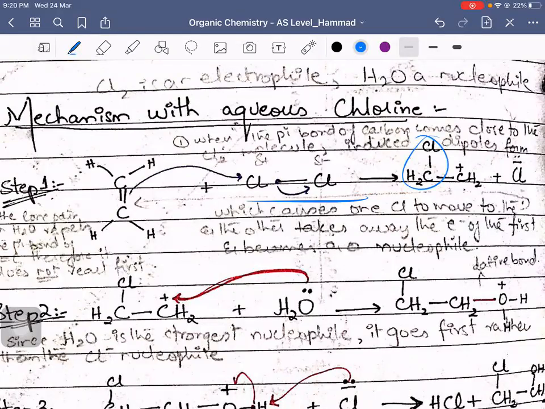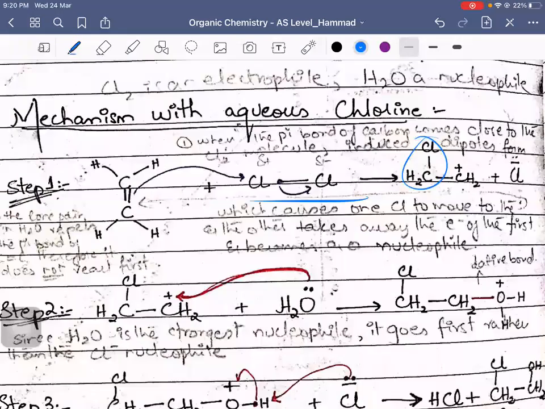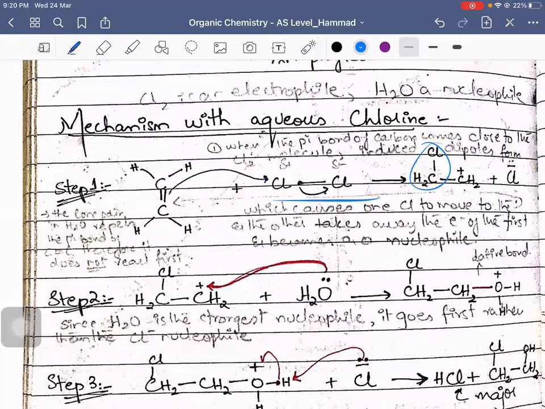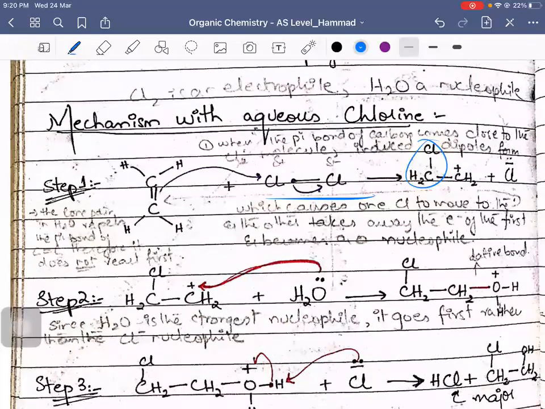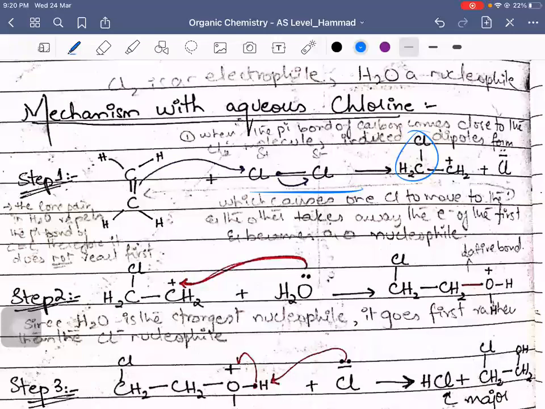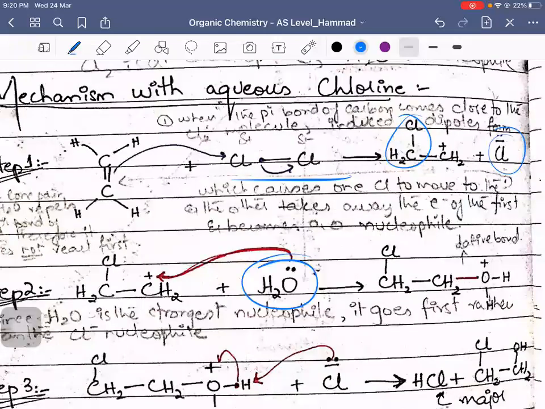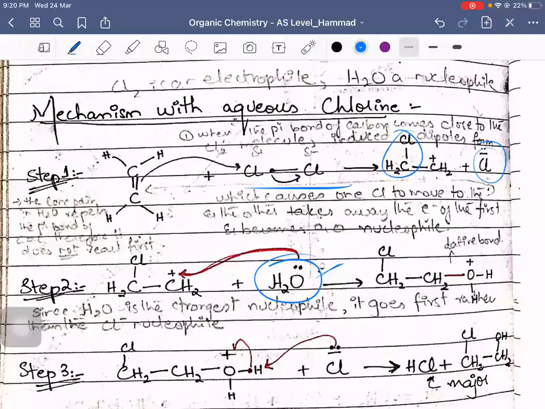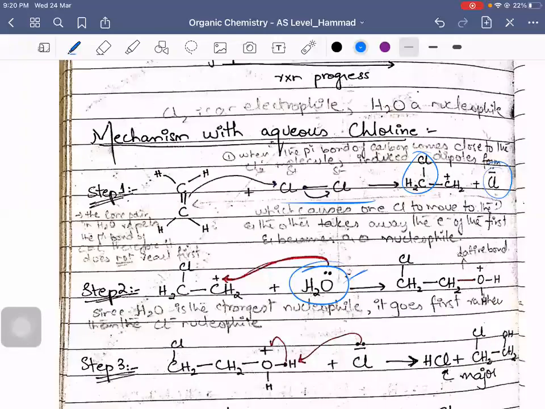Now you need to understand that aqueous chlorine will have two nucleophiles present. One is the Cl negative and there is also H2O. H2O is a stronger nucleophile because of the presence of a lone pair on the water molecule, which will attack this positive part.